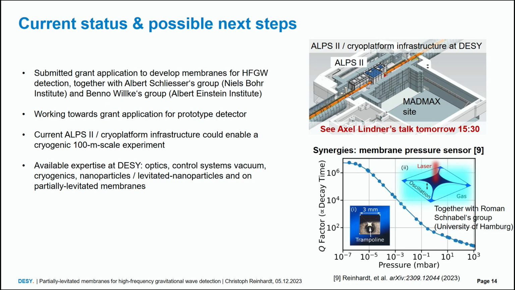The membranes are great for sensing pressure, and this is what we are working on currently in a second line of work, where recently we showed that using a membrane enables us to measure pressure over 10 decades, which to the best of our knowledge is the widest range that has been realized with a single sensor. This is work that we are doing together with Roman Schnabel's group from the University of Hamburg.